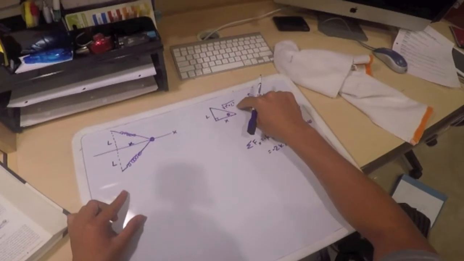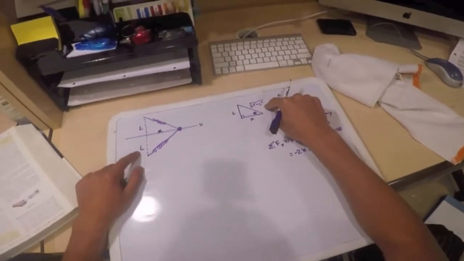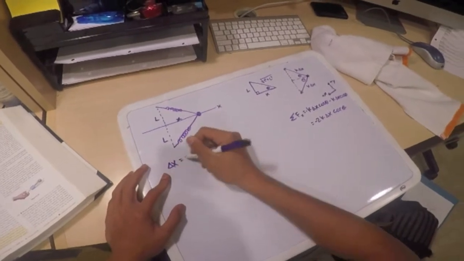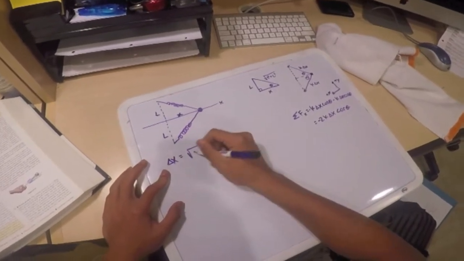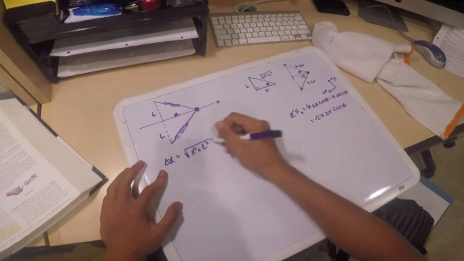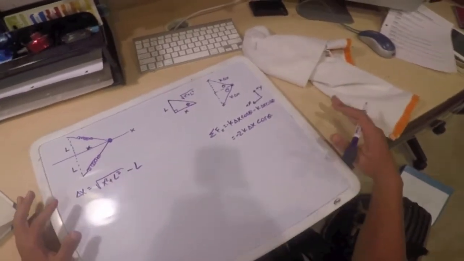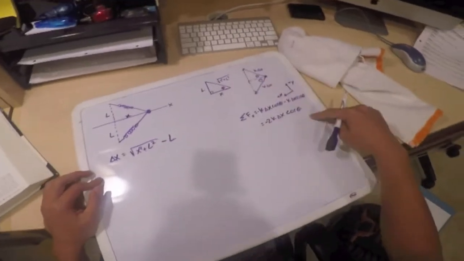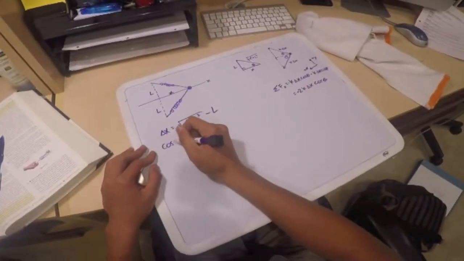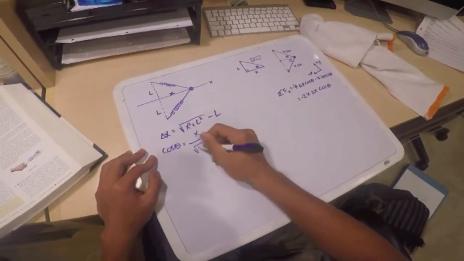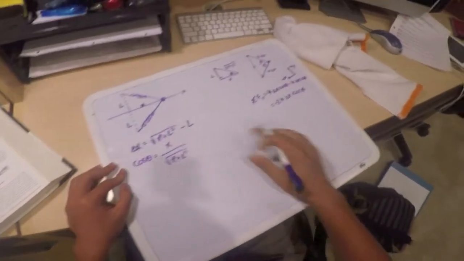So our new length of the spring is the square root of x squared plus L squared, and our original length is L. So our delta x for the spring is going to be given by the square root of x squared plus L squared minus L. There's that. We can also use this picture to find cosine theta. Cosine theta, according to our picture, is going to be x over the square root of x squared plus L squared.